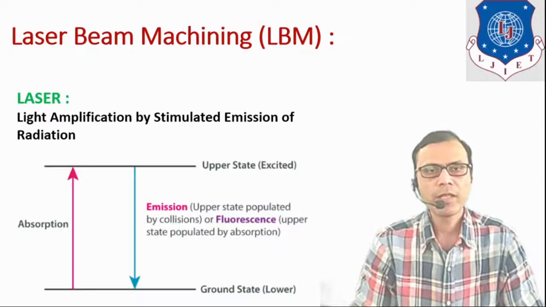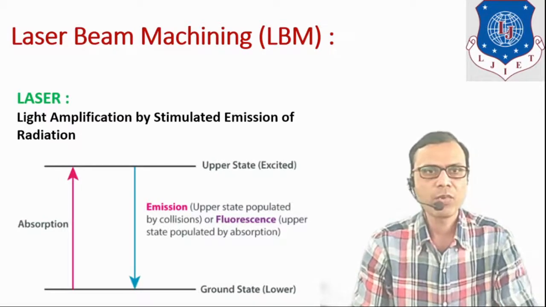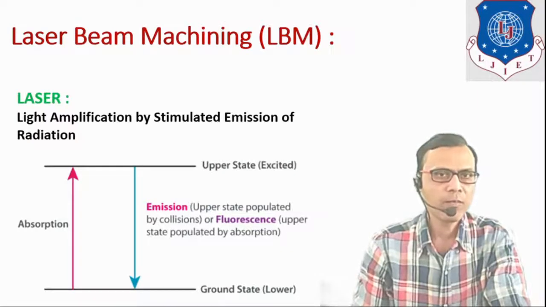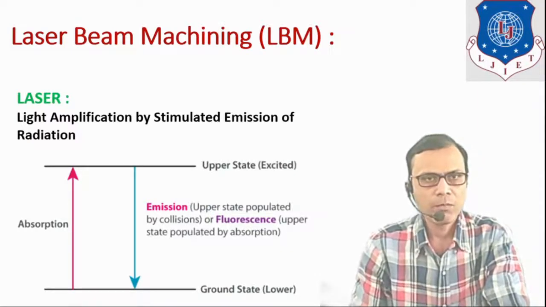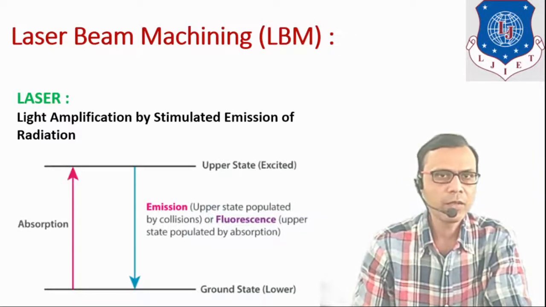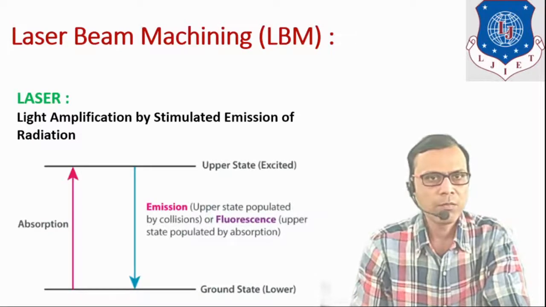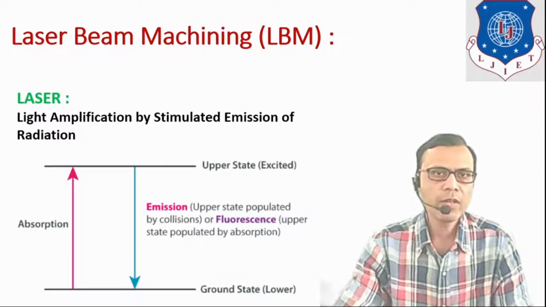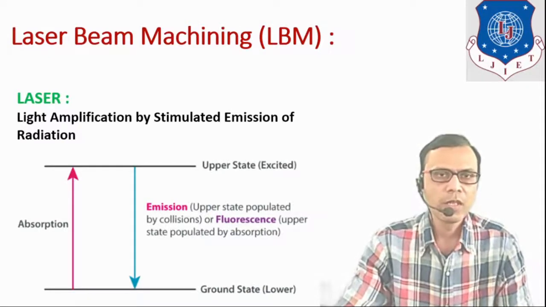Next process is the laser beam machining process. The electrons which are at ground level are the most stable, but when these electrons absorb some energy, they become excited and they go to an upper level. But at the upper level, they are not stable. So again, they will try to come to the ground level.